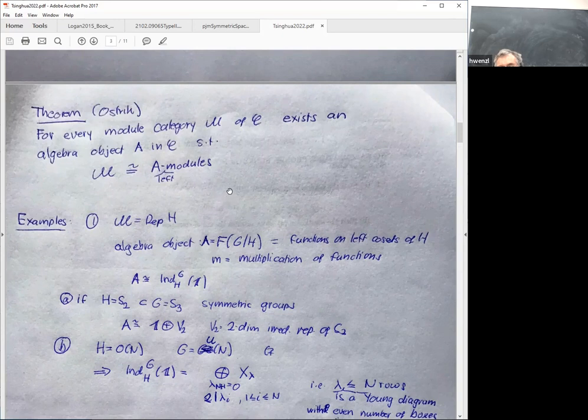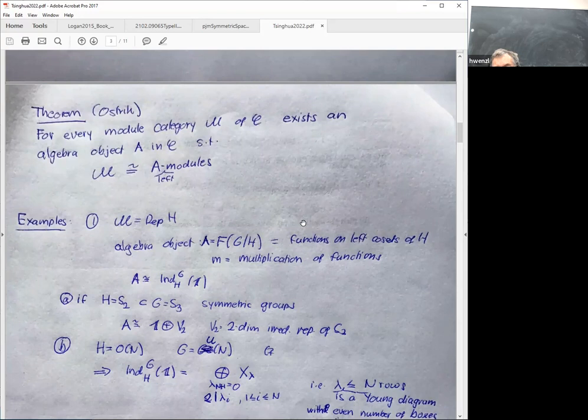We can pick as an algebra object the functions on the left cosets of G mod H. In this case, it's clear what the multiplication is. It's just the ordinary way we multiply functions, by pointwise multiplication. So the usual multiplication for functions.